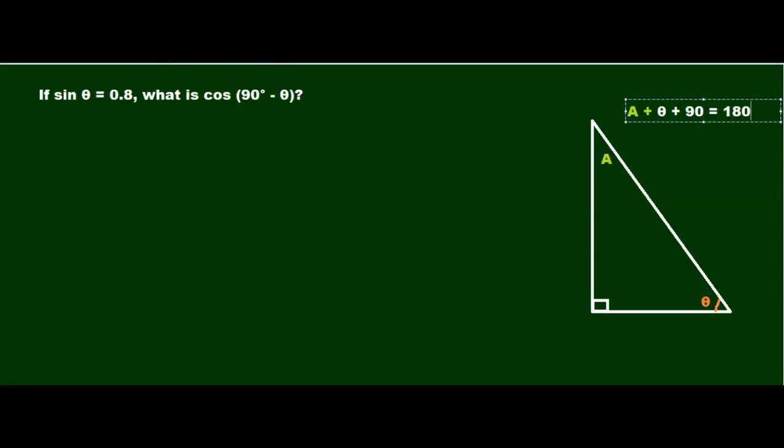Angle sum of triangle, minus 90 on both sides, and we're left with A plus theta equals 90. Therefore, angle A equals 90 minus theta. So I'm going to mark this over here. We're saying that angle A is 90 minus theta.